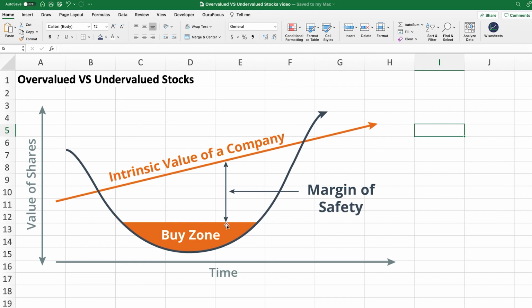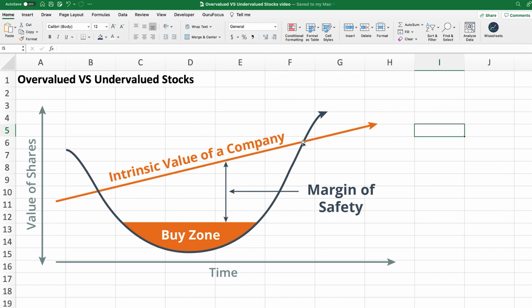This gives you a buffer so that in case your assumptions are wrong, and let's say the intrinsic value of the company is lower, imagine there's a line here, you will still be able to make a good return on your investment. But if you buy right at the intrinsic value, it's going to be hard to make a good return on your investment, and this is why you need to be aware of this.